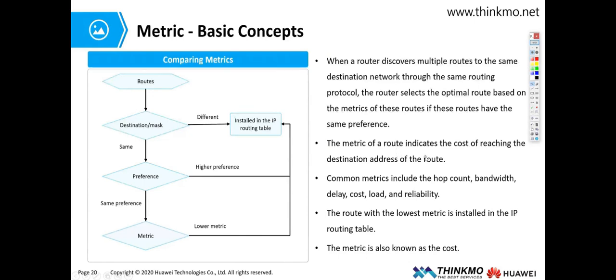In this context, the metric cost value of a route represents the cost of reaching the destination network segment. Common metrics include hop count, bandwidth, delay, cost, load, and reliability as measurement standards. For example, if we want to go to the United States, there are various ways to get there. For instance, we can take a ship or a plane, and here we need to consider what points everyone cares about.